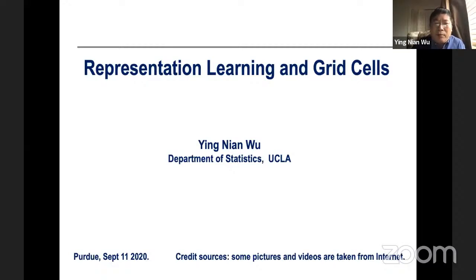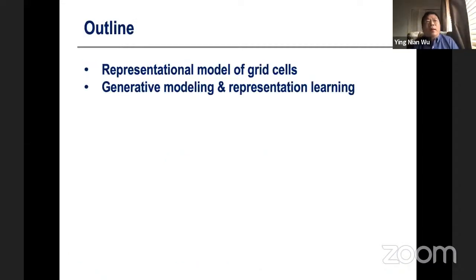So as the plan for today's seminar, I will spend most of the time on the representation model for grid cells. But then if I have time, I probably will also talk about the general background context in terms of generative modeling and representation learning. So I will check the chat just in case you may have any questions.